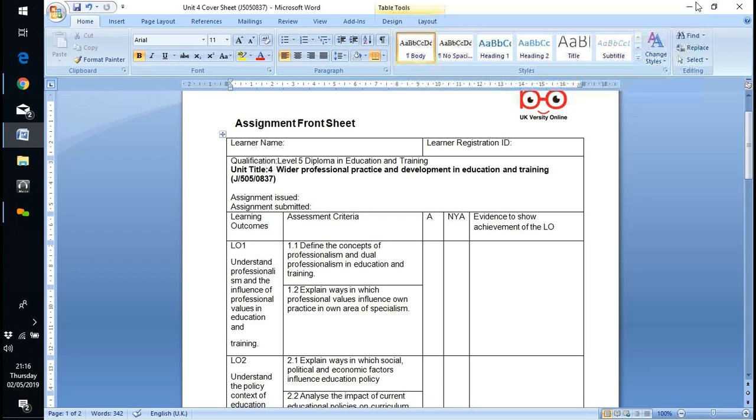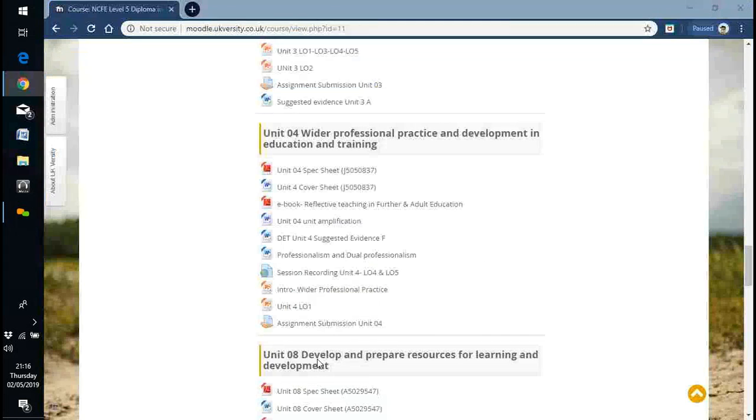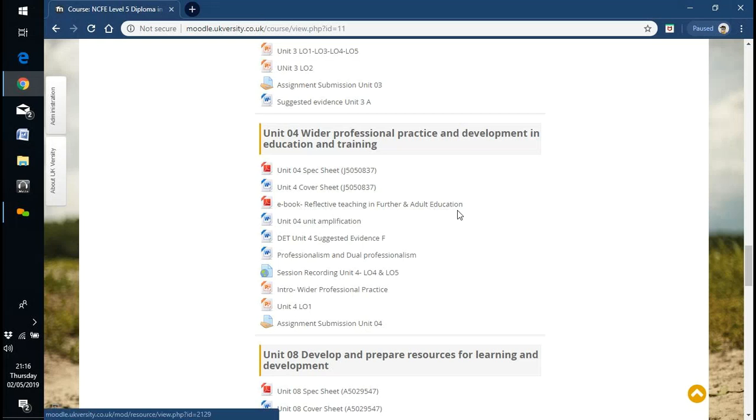Well, actually, if I shut that down now, I haven't made any changes that I was aware of. Well, oh, yes, I have. I put that in 4 because it didn't have 4 at the top. On 4, you've got an e-book on reflecting on teaching in further and adult education.